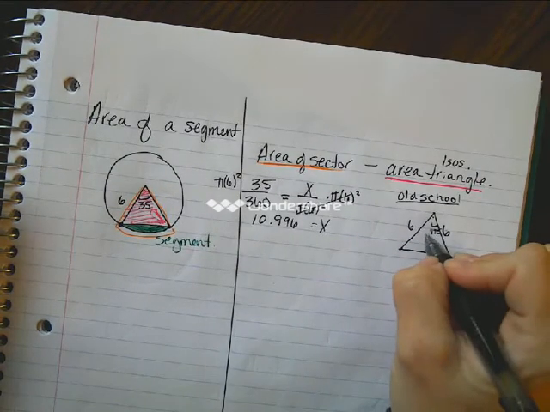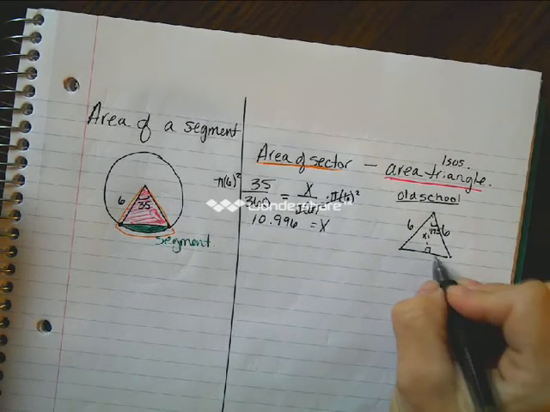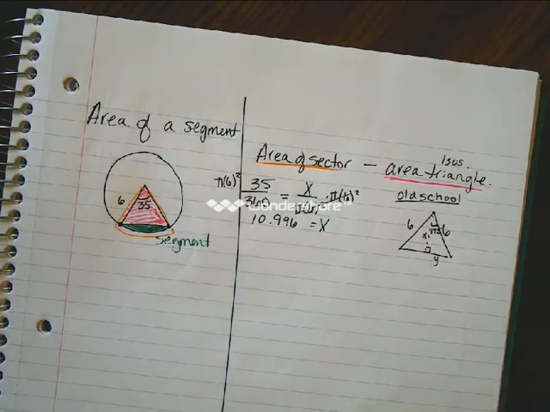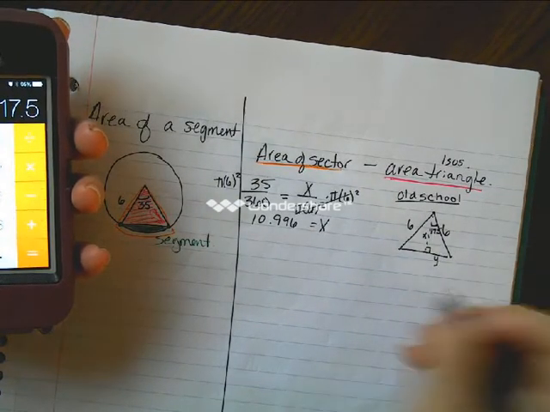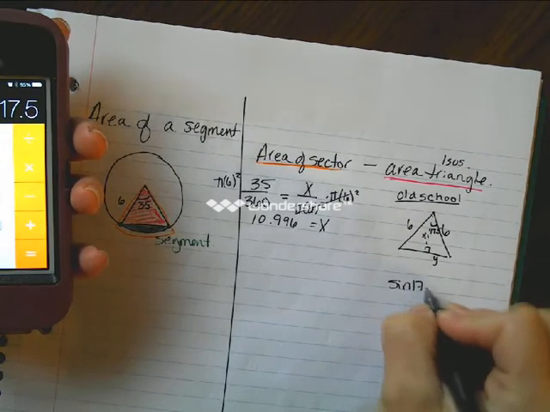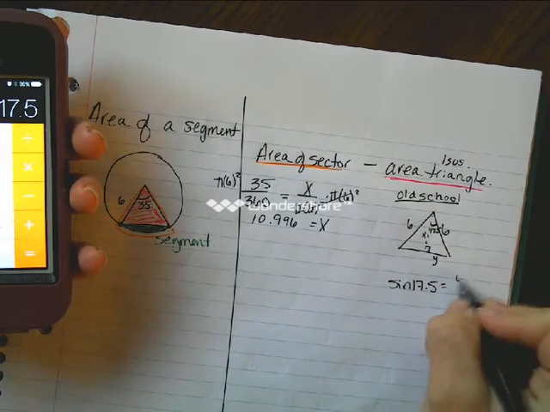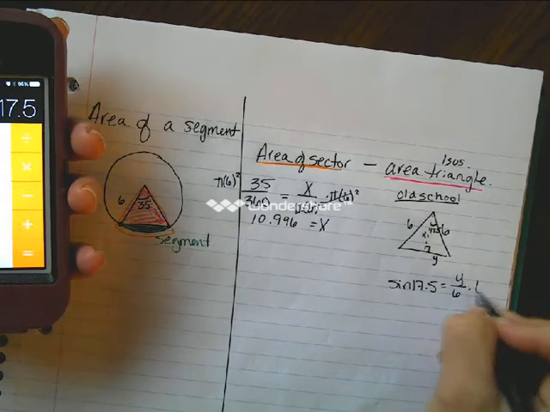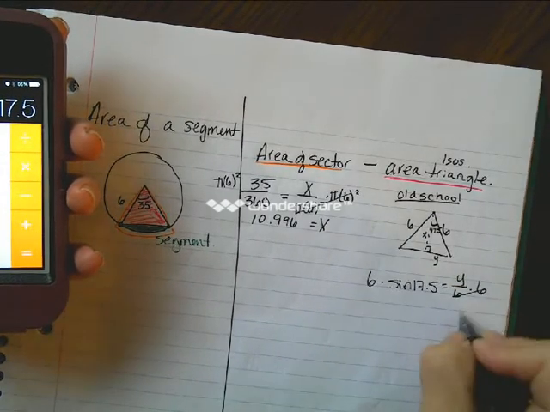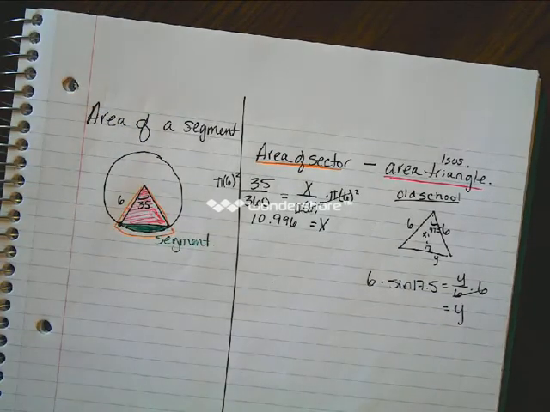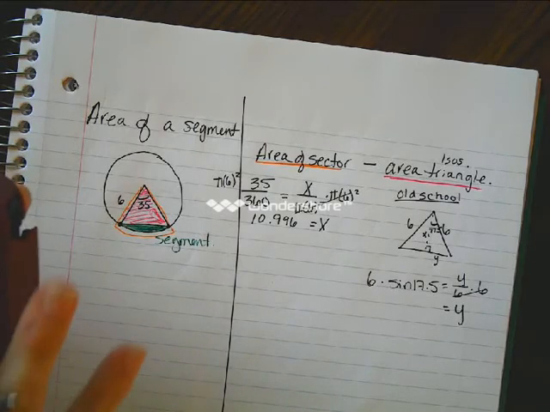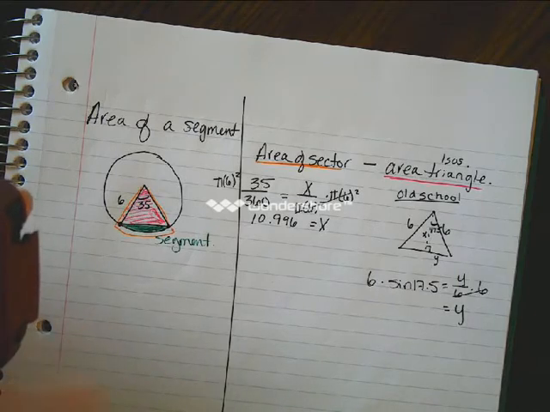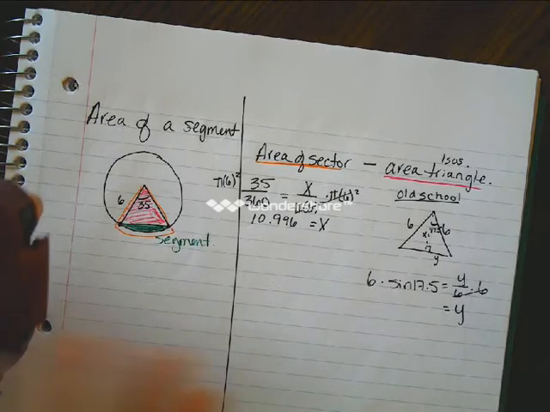We have our hypotenuse, we need our adjacent and our opposite, so I can do sine of 17.5 equals opposite, which is y, over hypotenuse, which is 6, multiplied by 6. So y equals 17.5 sine times 6. That gives me 1.80. And that's y, which means my base would be that times 2.